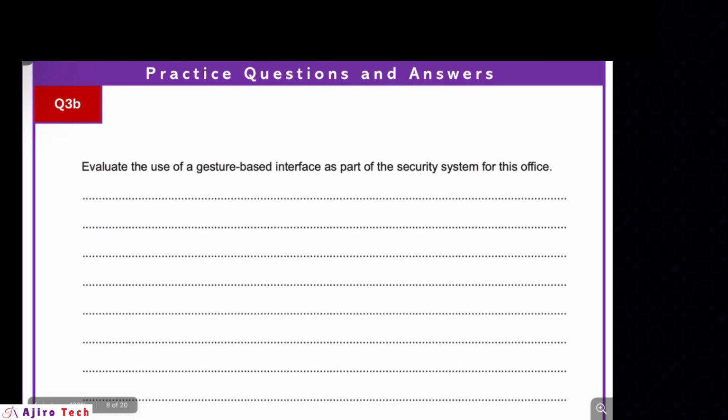Evaluate the use of a gesture-based interface as part of the security system for this office. So this is still chapter 2, hardware and software. And this is under user interface, if you're wondering.